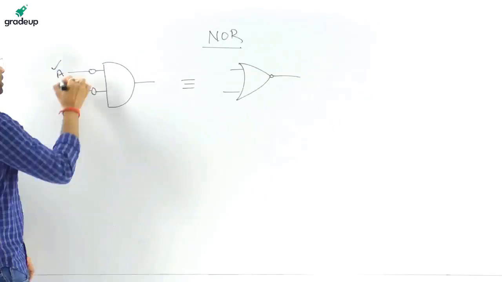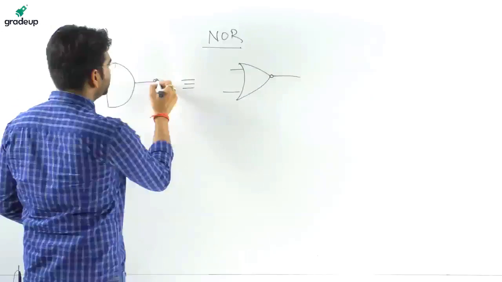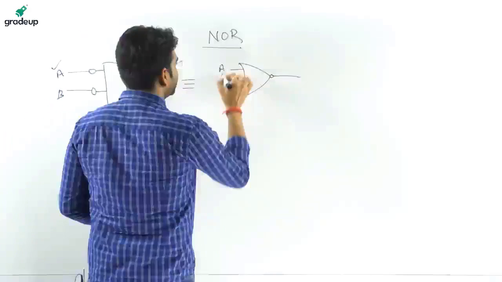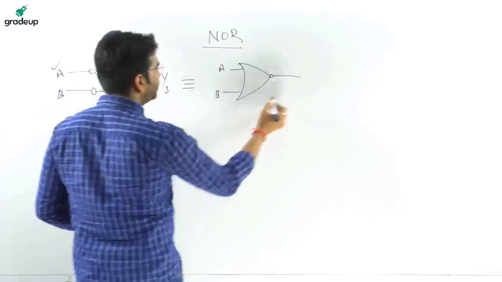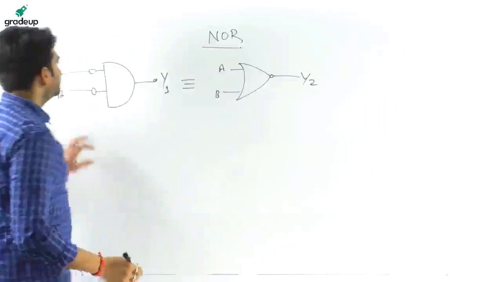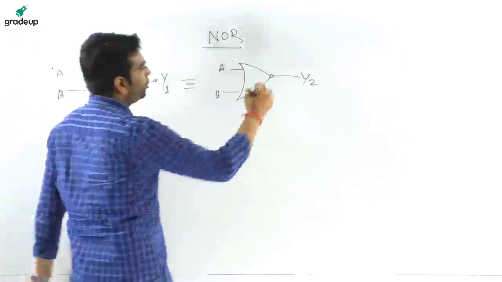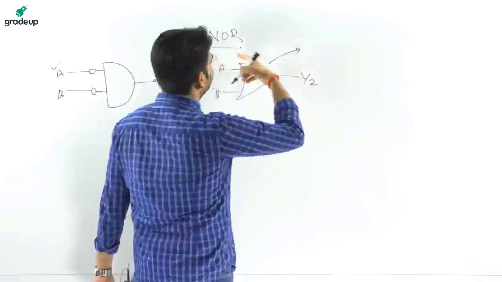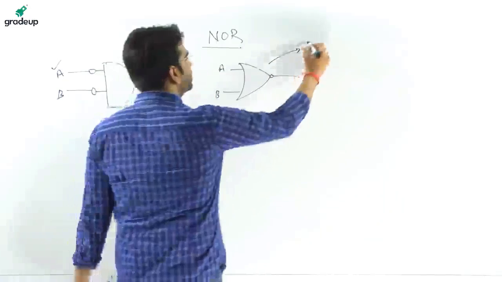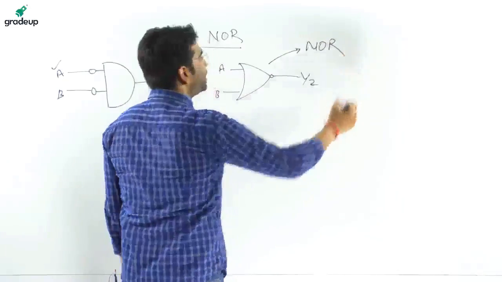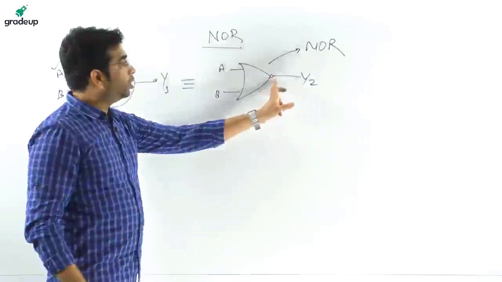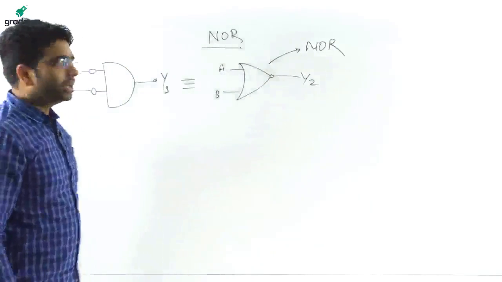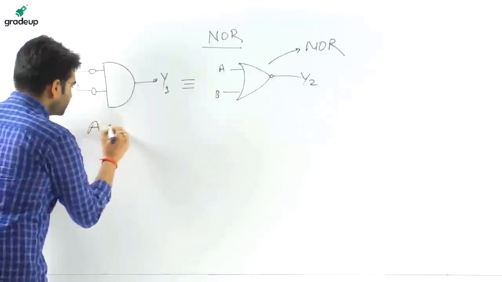Okay, A, B, suppose its output is Y1, and take its output as Y2. Now let us look at the truth table of the NOR gate. An OR gate followed by a NOT is a NOR gate. Let's begin.